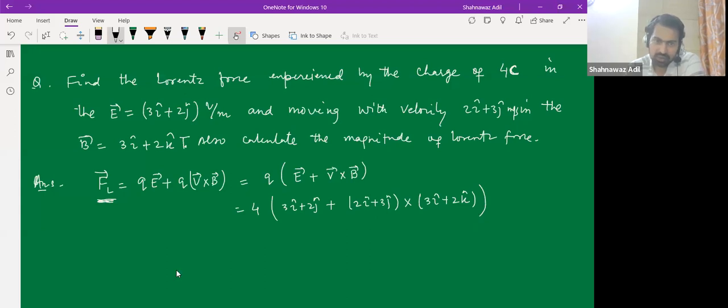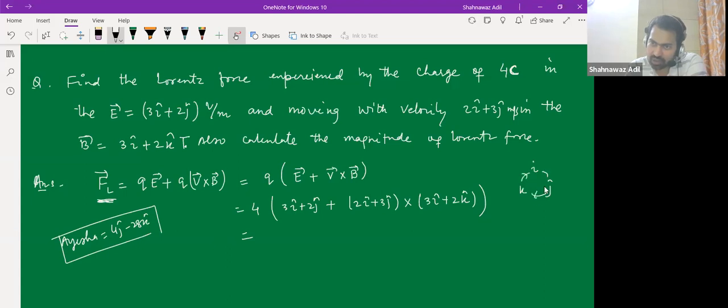Okay, so I got 4J minus 28K. Good, good. So Aisha got 4J minus 28K. And yeah, so we know that. Let us draw it here: I, J, K. Whenever we see cross product, we draw this diagram.